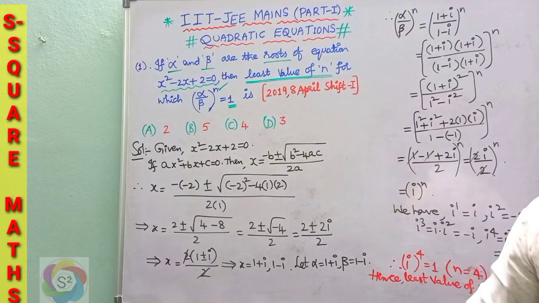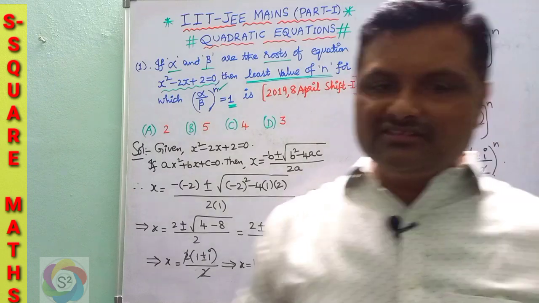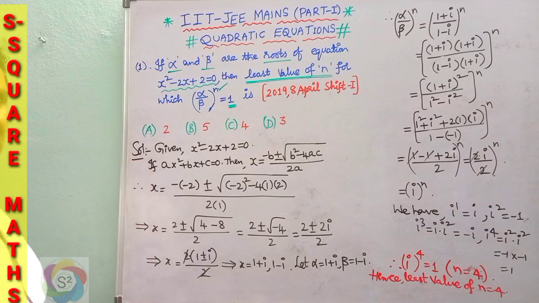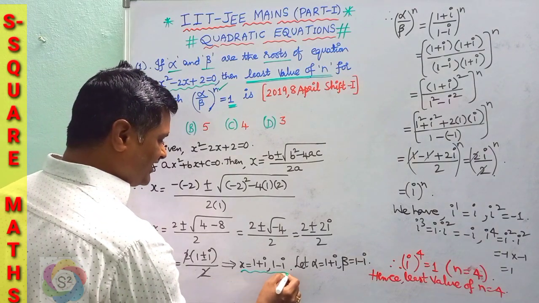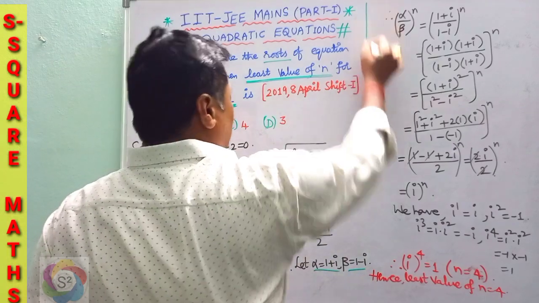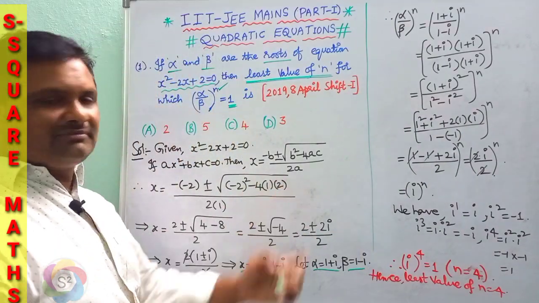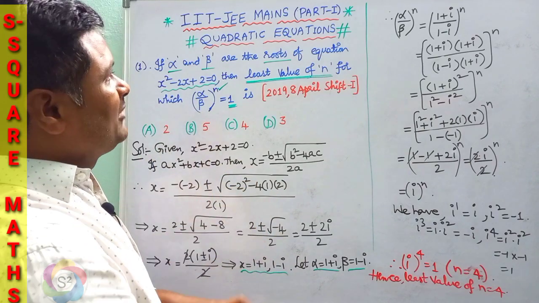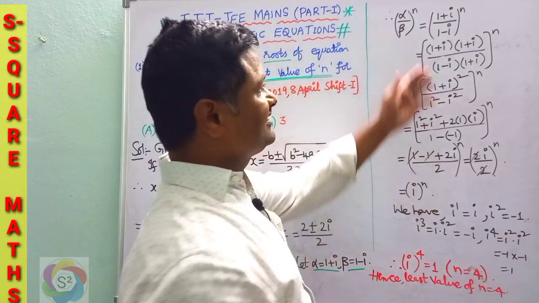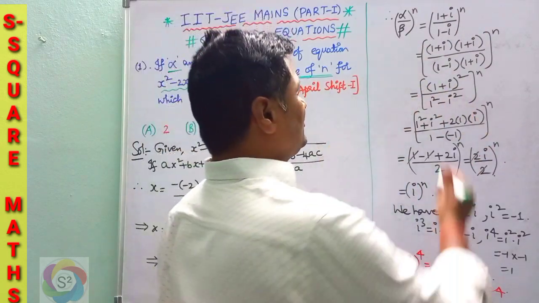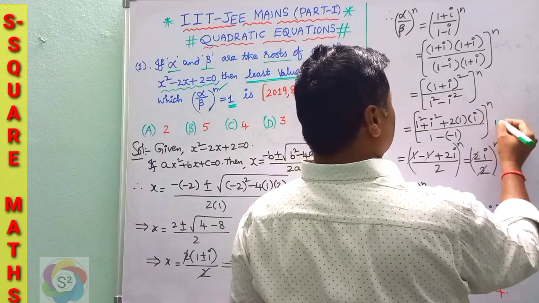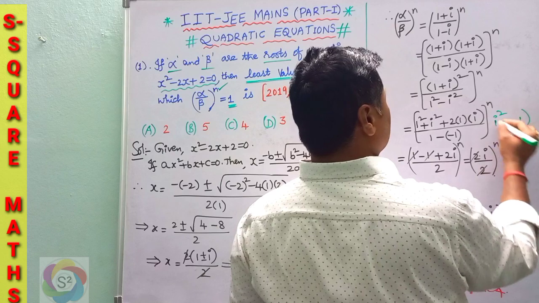So given the quadratic equation, apply the formula here, since α and β are the roots, going through the steps here. So this is our x values, this is α and this is β. So the first half is completed up to here, and for the remaining half, consider the fraction (α/β)^n. 1 plus i by 1 minus i, rationalize the denominator, write the numerator in the form (a+b)^2, and here i^2 is equal to minus 1, that we substituted.